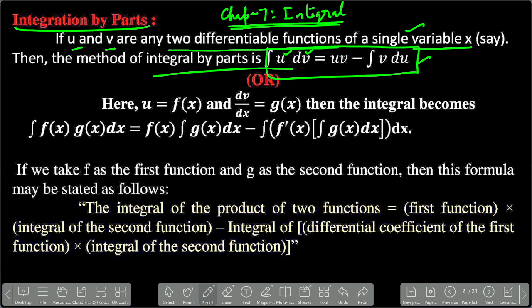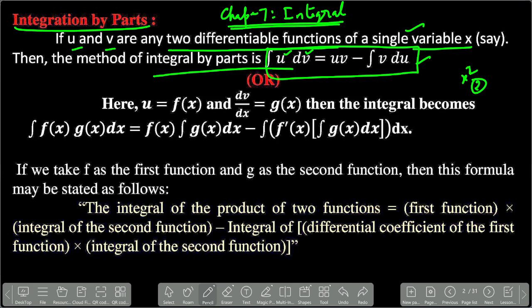Otherwise we have Bernoulli's formula. It is the extension of integral by parts, because when you apply integral by parts, it works only when the power of the variable x is 1 or maximum x square. When you get x square, you have to apply it two times. But with Bernoulli's formula, whatever the power of x, we can apply it in a single step.